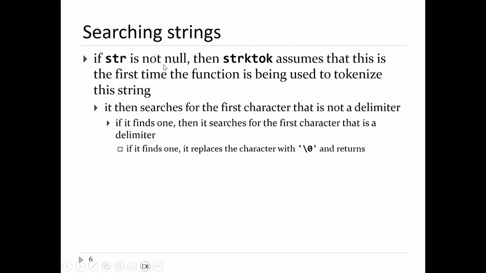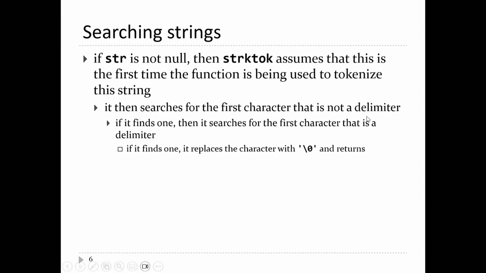All right, so the first time you call the function, you pass in a string. Then what the function does is search for the first character that's not a delimiter.